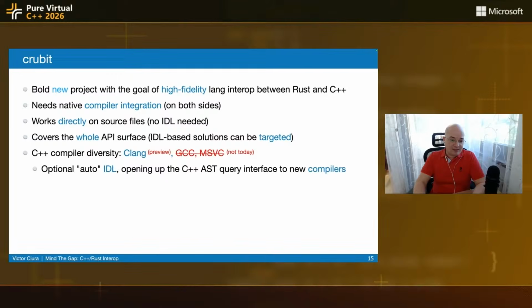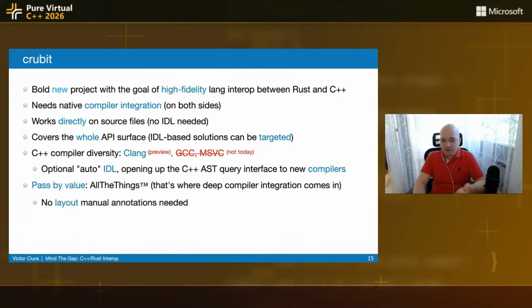In terms of compiler diversity, right now just Clang is supported, but there is an open window for other C++ compilers such as MSVC and GCC. And this is via the optional auto-IDL facility, opening the C++ AST query interface to new compilers. It allows pass-by-value because the compiler can introspect layout information.